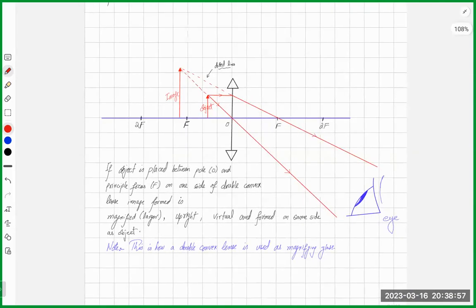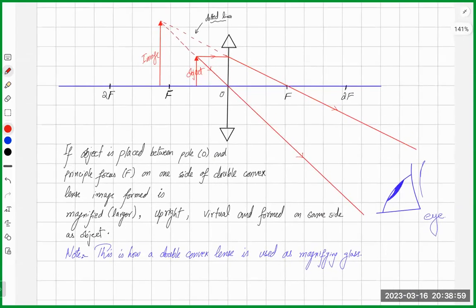And this is how a double convex lens is used as a magnifying glass. You know what a magnifying glass is? You must have used it. A magnifying glass enables you to see something bigger. But to see that image, your eye has to be in a specific position.